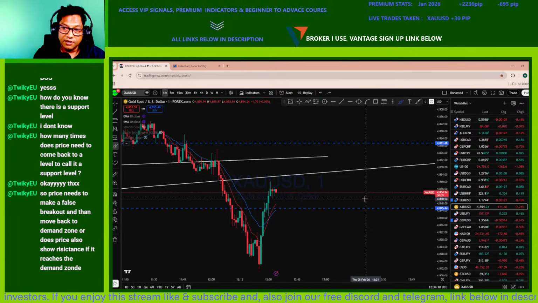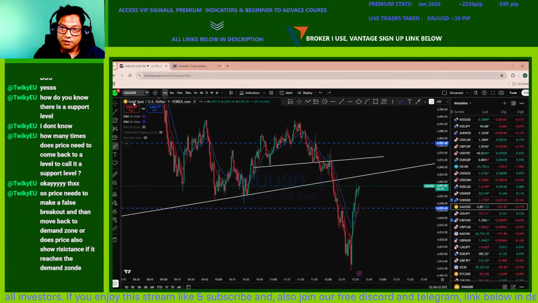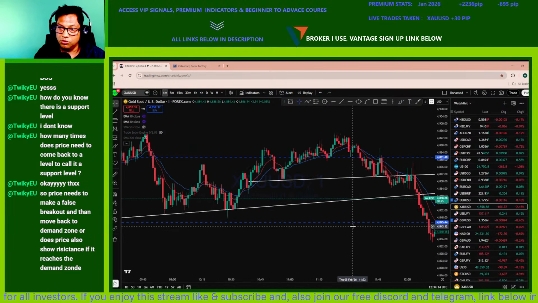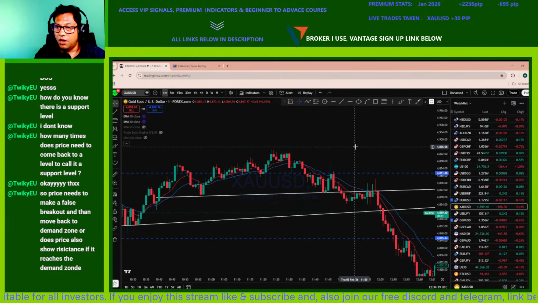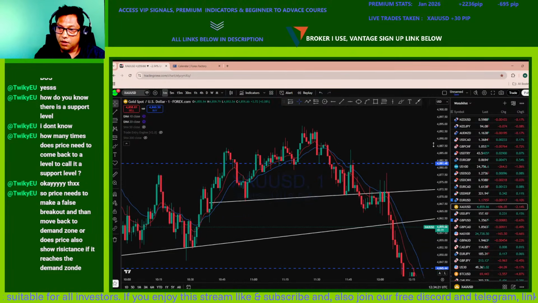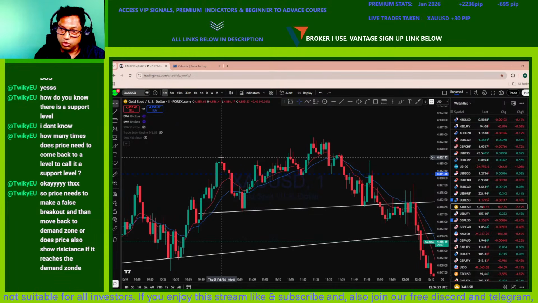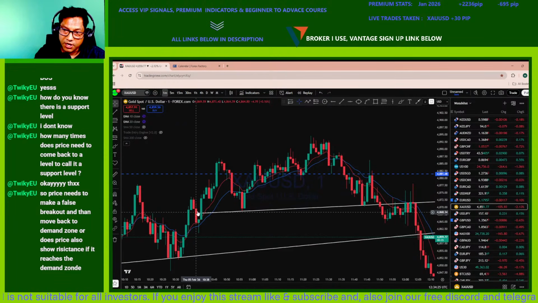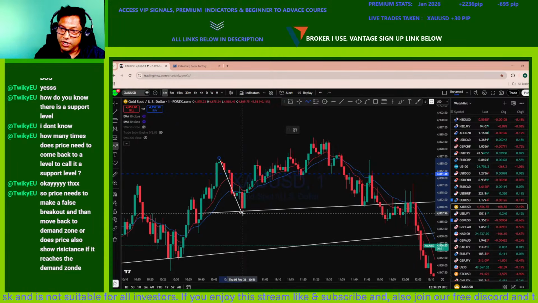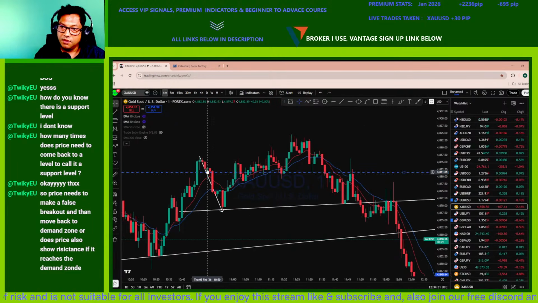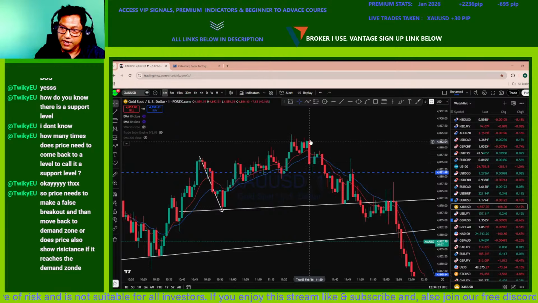Now usually, if you look at the chart, you'll see that the false breakout has a form of way that it happens. Look at this one here. This is an uptrend and suddenly one single move, straight drop well below here. This is a false break and the market gone back again to the upside.